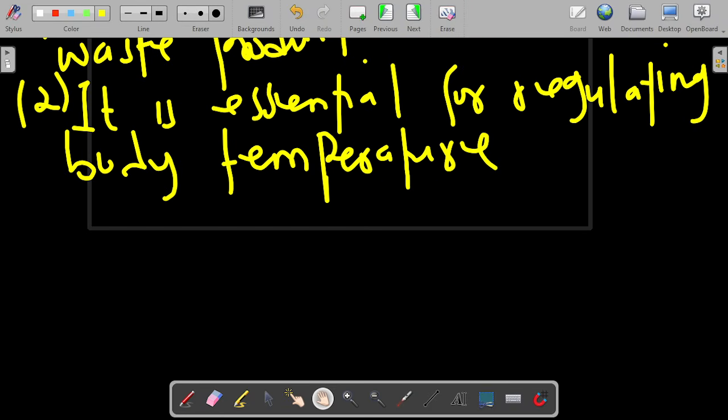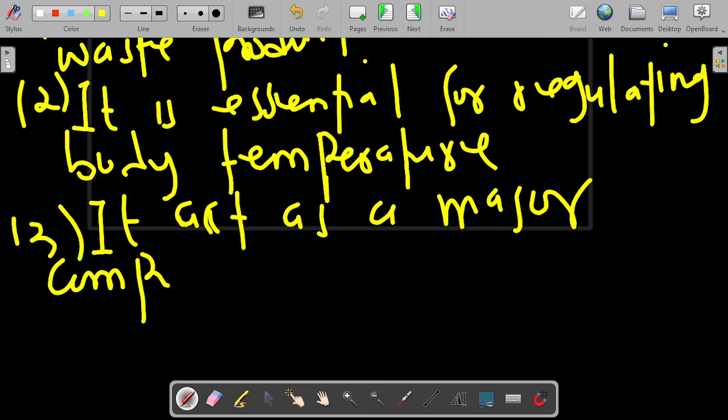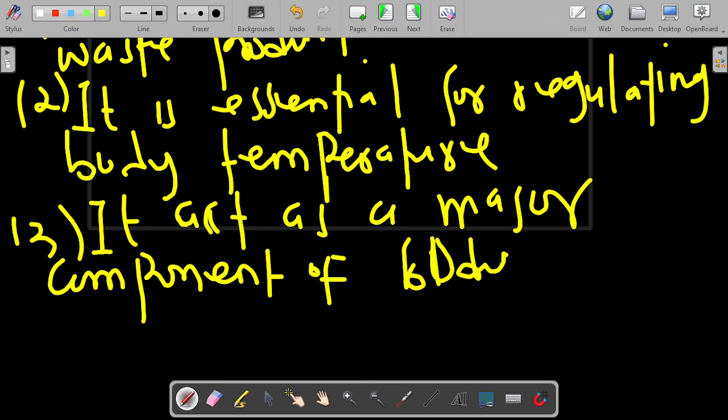Then number 3, it acts as a major component of body fluid and cells.